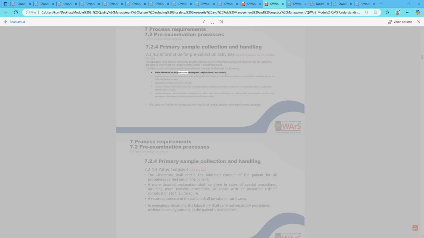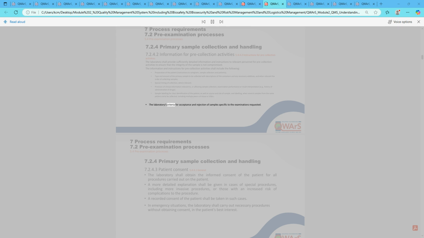Preparation of the patient, instructions to caregivers, sample collectors, and patients, type and amount of the primary sample to be collected with descriptions of the containers and any necessary additives, and when relevant, the order of collecting samples, special timing of collection, where relevant, provision of clinical information relevant to or affecting sample collection, examination performance or result interpretation, e.g., history of administration of drugs, sample labeling for clear identification of the patient, as well as source and site of sample, and labeling when several samples from the same patient are to be collected, including multiple pieces of tissue or slides.